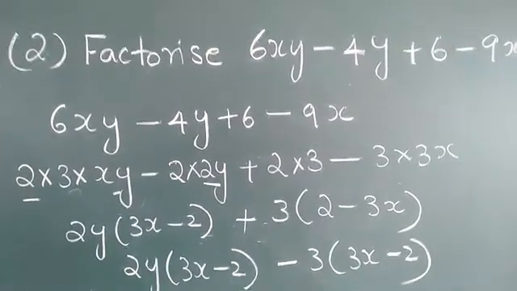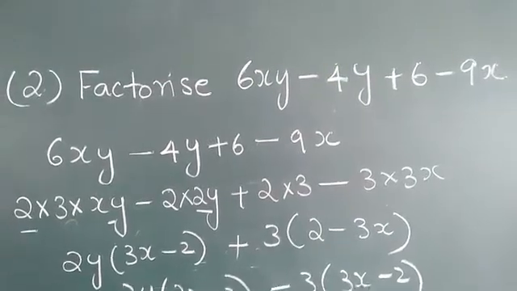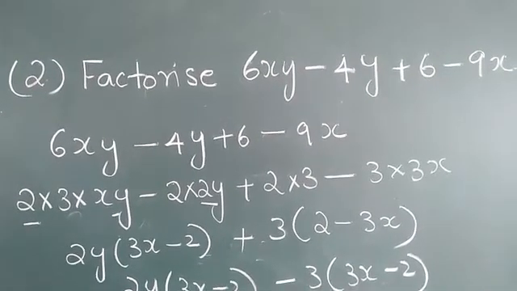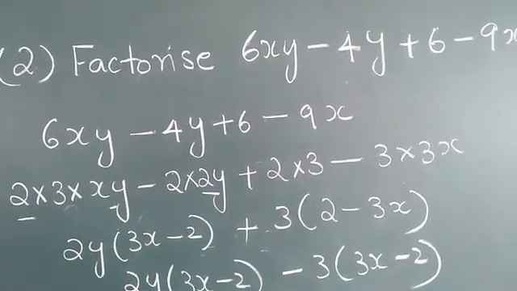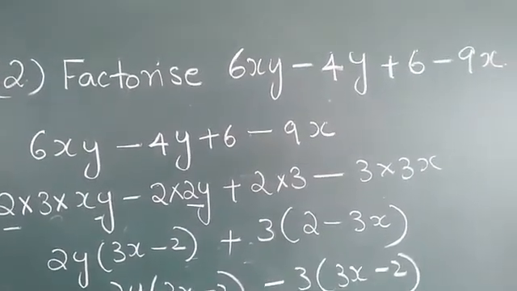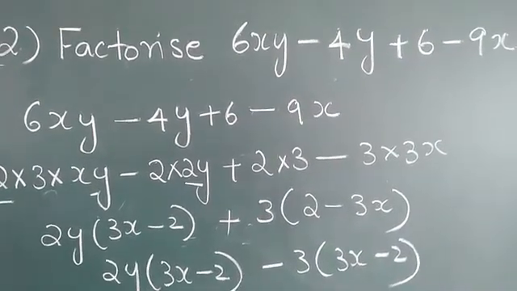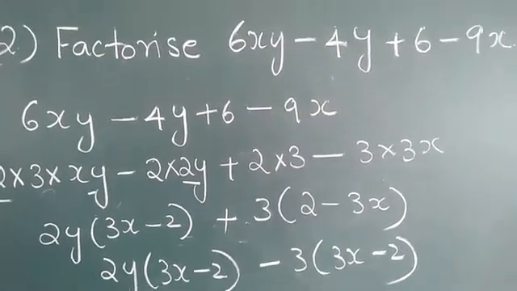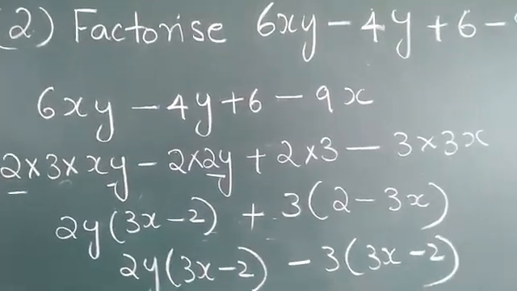Next question is factorize 6xy minus 4y plus 6 minus 9x. Here the first two terms have the factor y, that is visible, but some numbers are also common there. So what we want to do?